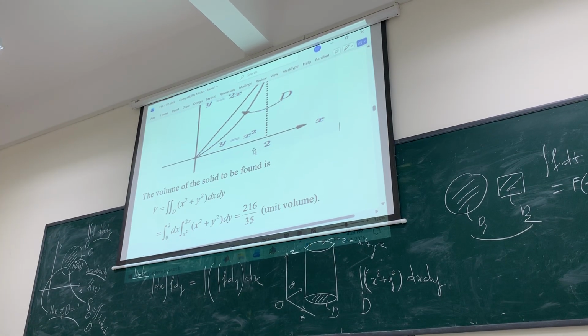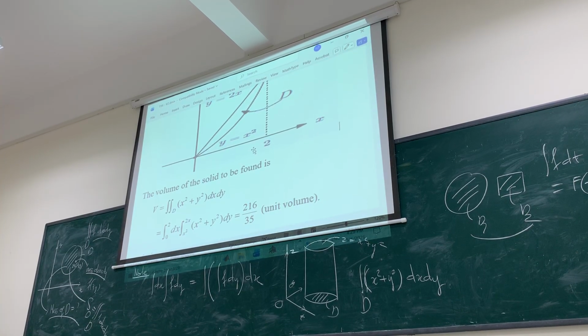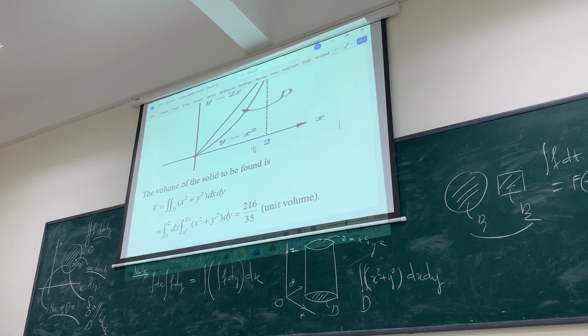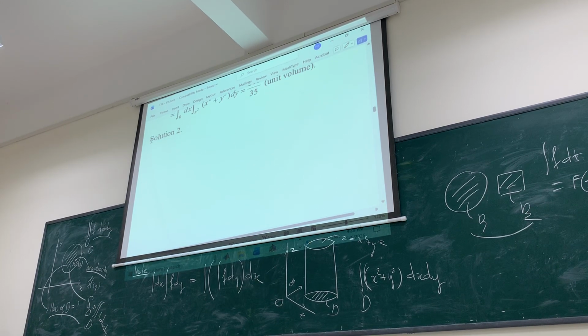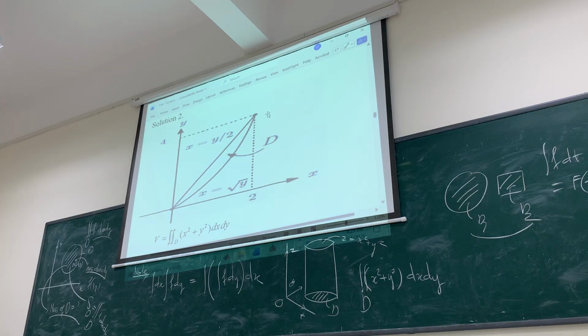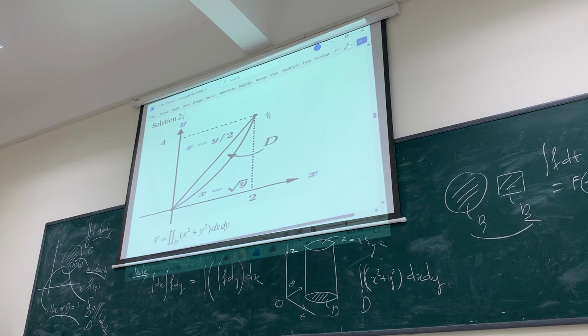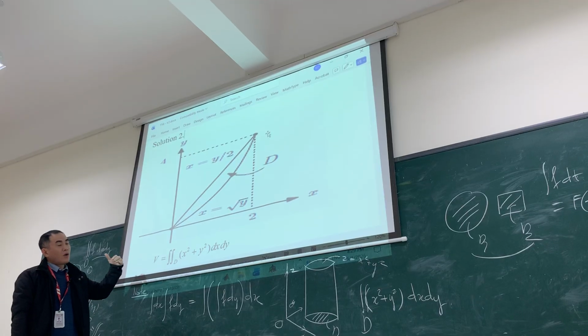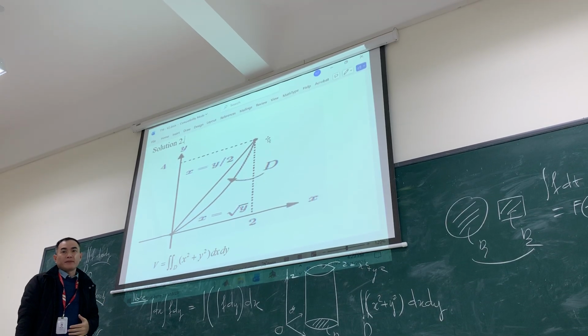Imagine the second solution. So now we want to tie two methods. That means we need to integrate over the domain D, y first, x second. Now, from the figure, we need to estimate y first, x second.